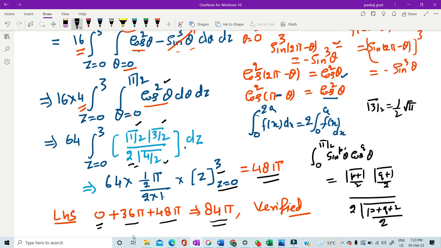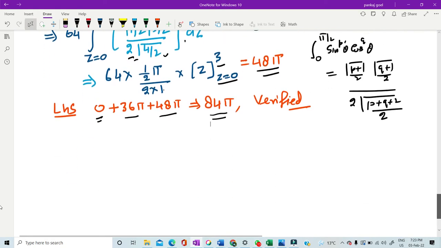So this is verified. Clear? Like this we can solve by the Gauss divergence theorem. You can take another example.